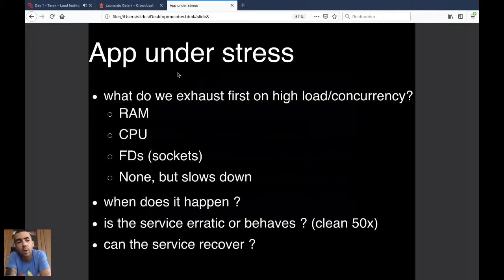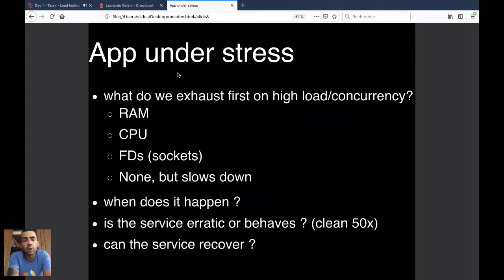Maybe it's not going to be the RAM. For example, if you have a service that's doing a lot of encryption work, maybe you're going to exhaust the CPU, it's going to be 100%, and then everything is going to slow down and not respond anymore. So you want to know when you reach that point. Or maybe it's going to be the sockets you're opening to do some queries on other services.